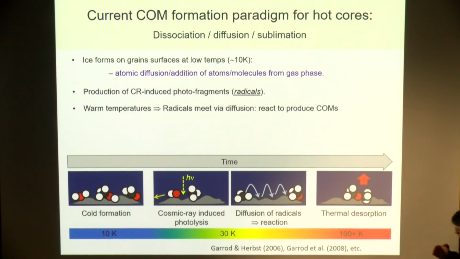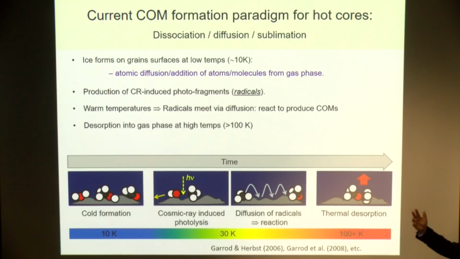And then they can meet, and then they can form these larger species. And ultimately, as temperatures really increase to the typical observed temperatures of 100 Kelvin or so, you start to see these molecules come off. So ultimately, the entire grain mantle desorbs thermally, and all this stuff that you produced in the grains or on the grains is now observable in the gas phase, observable through primarily rotational transitions.